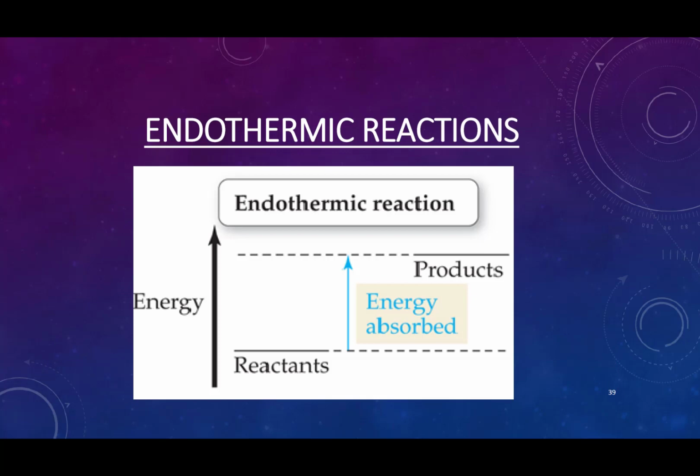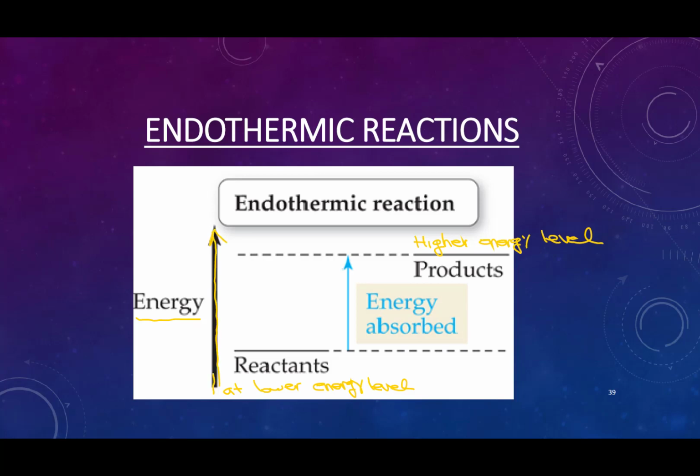This is the graph for endothermic reactions. As you could see, the energy is increasing. That's why the arrow is going upward. The reactants are at a lower energy level, whereas the products are at a higher energy level. The energy increases from the bottom to top.